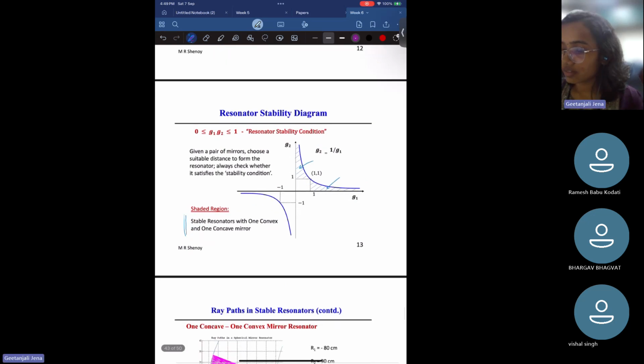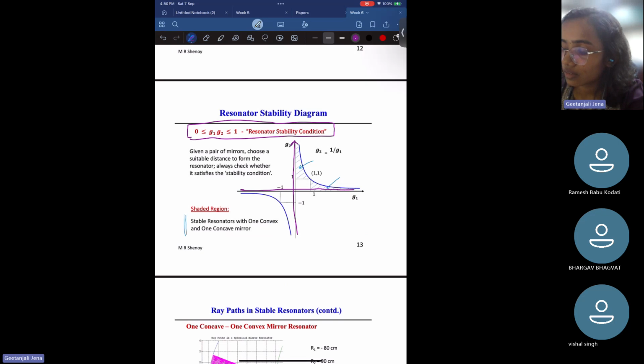These are, I think, a recap of the previous section, the stability condition. All of you must know now the stability condition for the mirror: G1 G2 should lie between 0 and 1. And this is the stability diagram between G1 and G2.